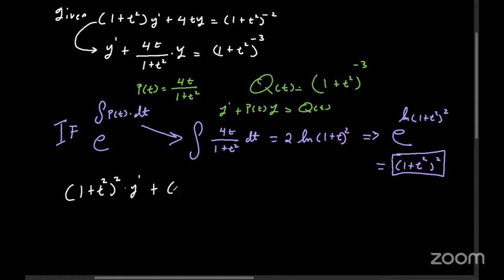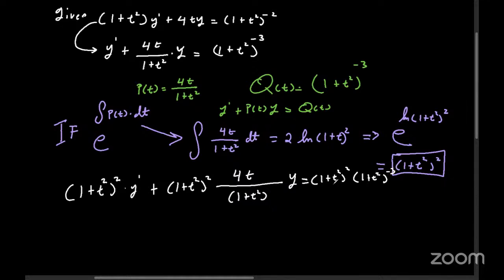And then we'll have 1 plus t squared, squared times 4t over 1 plus t squared times y equals 1 plus t squared, squared times 1 plus t squared to the negative third. And that's going to be negative 1.